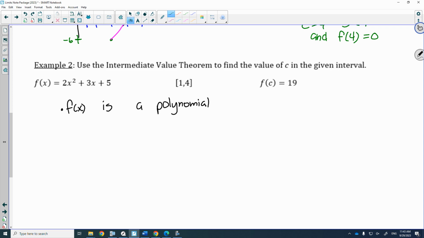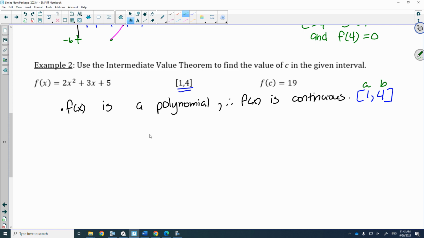Later on, I'll show you what we would do if they're not. But f of x is a polynomial. Therefore, f of x is continuous on that closed interval 1 to 4. So a is 1, b is 4.